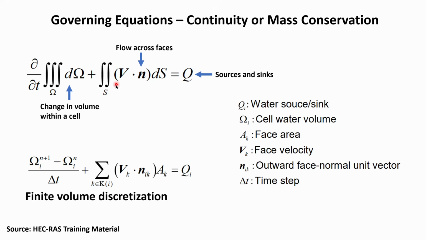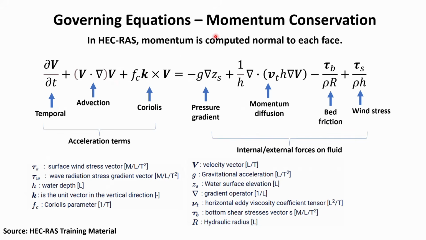So this is the continuity equation or the mass conservation equation, and then we have the momentum conservation, and in HEC-RAS, momentum is calculated normal to each face, and these are the terms that are included in the full momentum conservation equation. So we have the temporal term. This is how it is defined in the HEC-RAS manual, but this is local acceleration, convective acceleration.